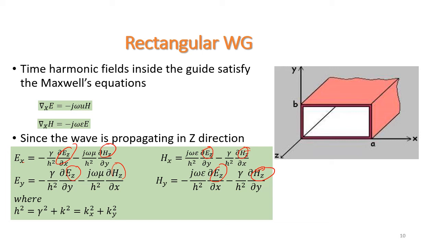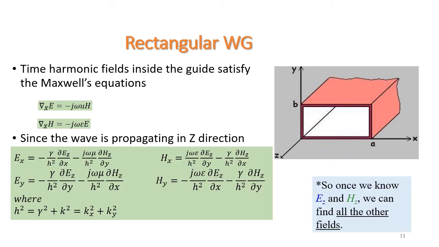So if Ez and Hz both are 0, that particular mode of operation is called the TEM mode. If both are 0, then no field component will exist inside this waveguide. So we can say that the waveguide will not support a TEM mode.